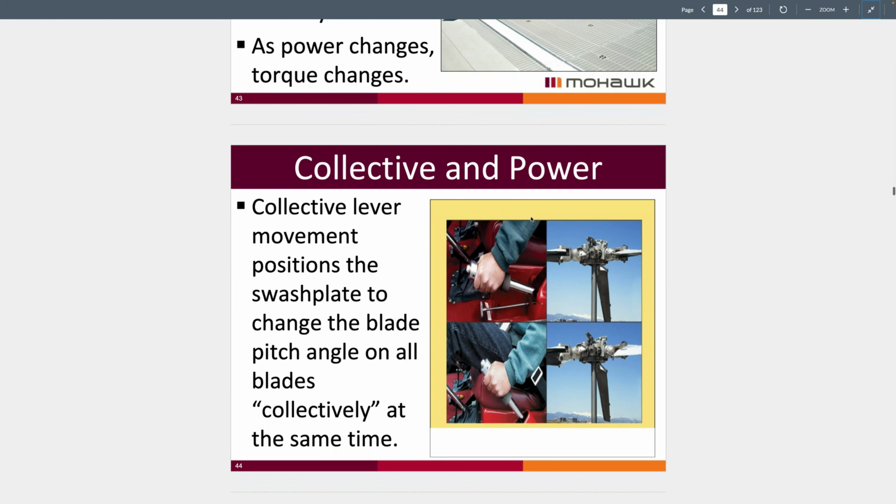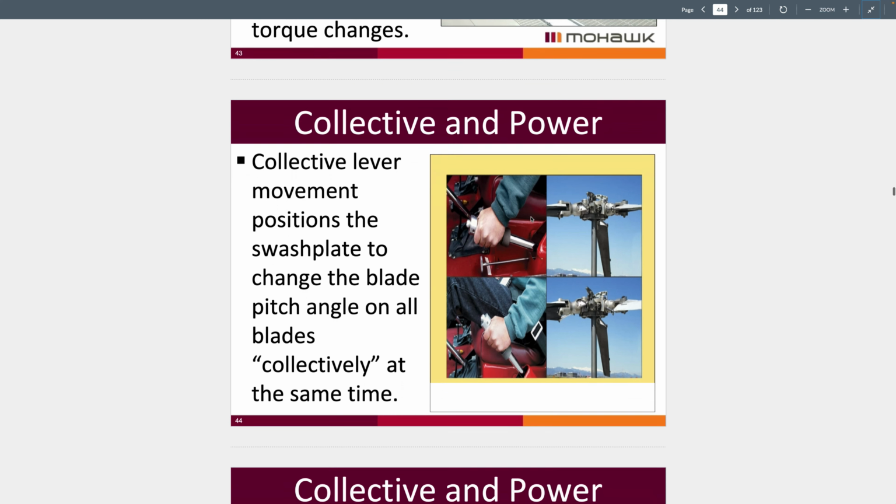We should talk about the collective and how power can be adjusted in a helicopter's main rotor system. The collective lever movement positions the swashplate to change the pitch of the blades collectively. That's where the word collective becomes very obvious. As we raise the collective lever, this will cause all the blades to change their pitch at the same time.